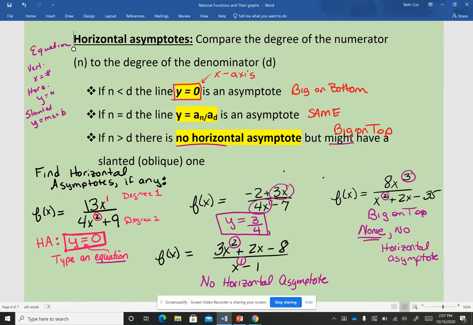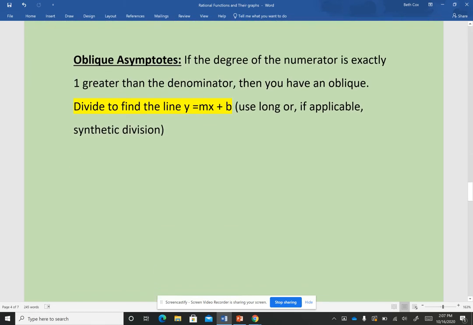Okay, let's move on into the oblique ones. Okay, so now the oblique ones, also known as the slanted ones. If the degree of the numerator is exactly 1 greater than the denominator, then you have an oblique. Okay, so now let's look.